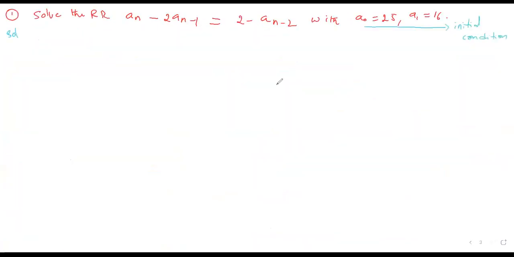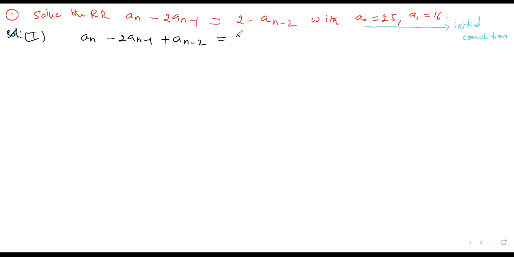In the solution, I clearly told you, my dear students, what the steps involved are. What is the first step? The first step is to write all the a terms on the left side. a_n is already on the left side. Minus 2 a_n minus 1 is also on the left side. But minus a_n minus 2 is on the right side, so we have to write it on the left side. The minus term comes to this side, so it should be plus.